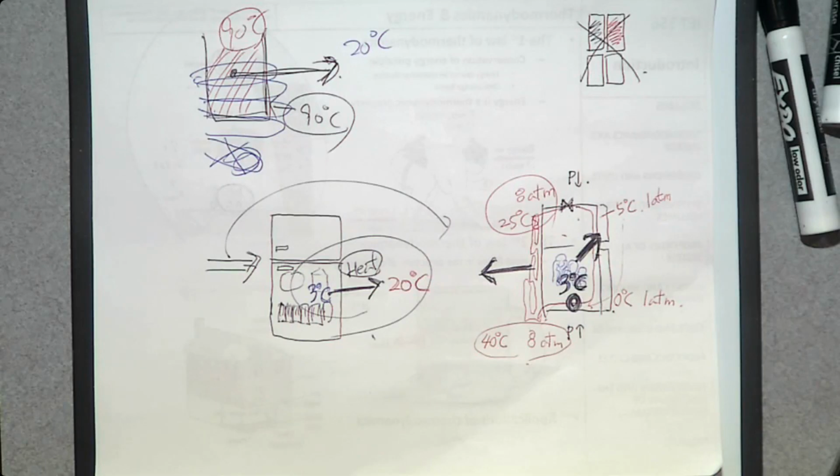Insulated water bottle. So technically, if you have a perfect insulator, then there's no temperature change. But in reality, the temperature changes. The temperature gets close to the temperature outside because there is a heat transfer, in either direction, depending on which temperature is greater than the other.